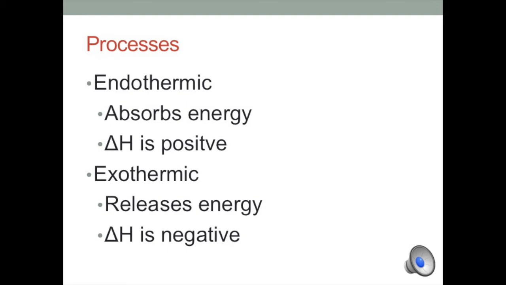And then our exothermic processes, these release energy. We go from the system releasing out into the surroundings. So our delta H, our enthalpy, is negative. So again, with the receiving money, you go out and you start buying things. Well, now you have less money than what you originally started with.